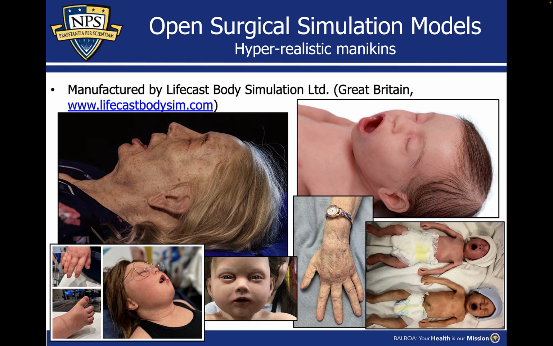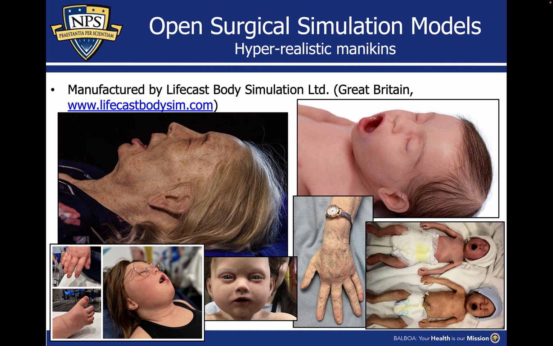I think everybody will agree there's a stark contrast between the TraumaMan mannequin and these next mannequins. These are hyper-realistic mannequins produced by LifeCast Body Simulation out of Great Britain. The company's goal is to produce the most realistic training mannequins possible, and as such, every one of these mannequins is an actual cast from a live human being.